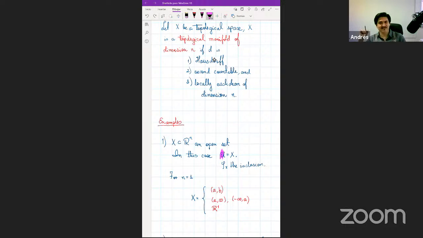They are homeomorphic. So we are missing one more example of a topological manifold of dimension 1. Circle. And basically these are the two examples.